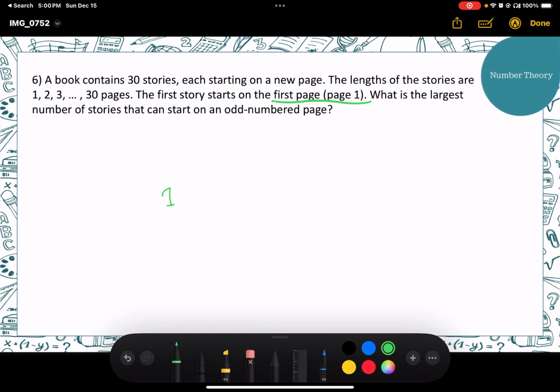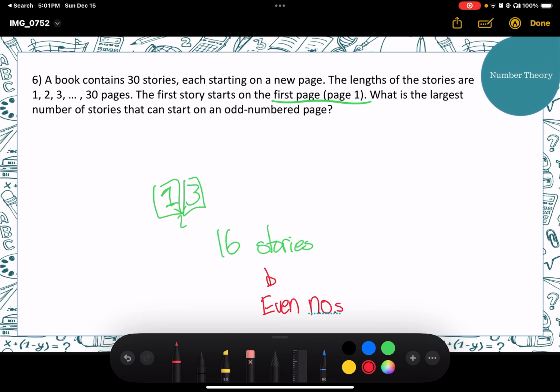So all the even numbered stories will come first. So the first one starts on page 1, and it's going to be 2 pages long, right? Because that's the first one. So it starts on 3. And so that means we've used one even number, which is 2. And so that means that this story, then this story, right? So you're going to have 16 stories that start on an odd number just using even numbers.